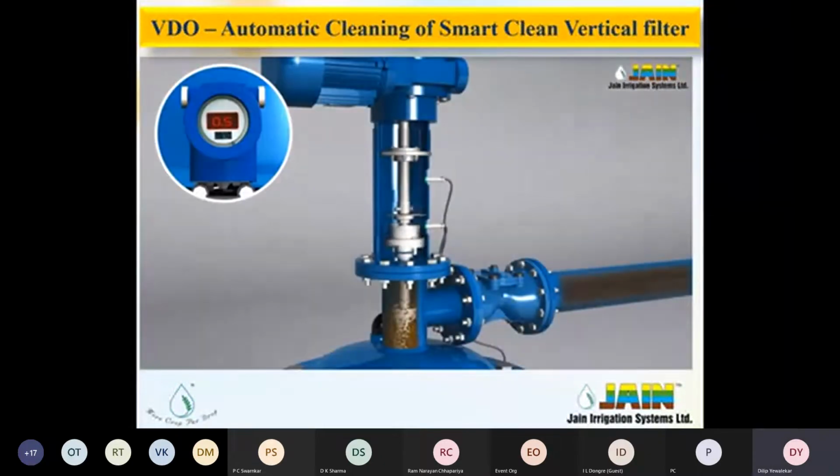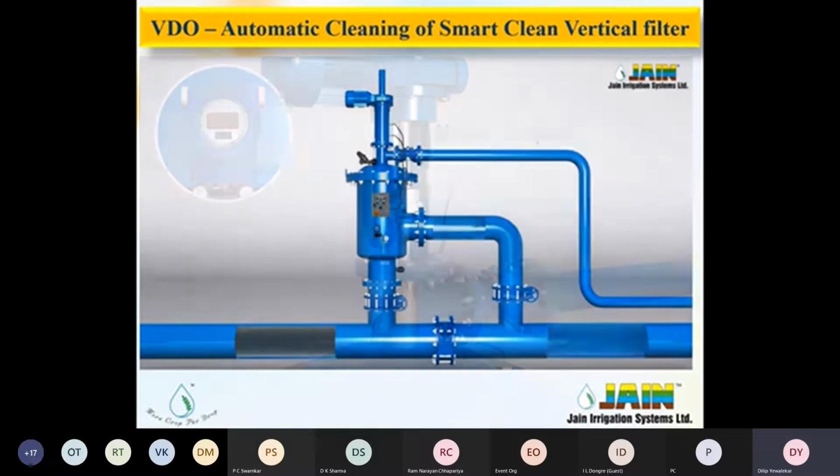Now see here, the nozzle is sucking the particles, the dirt, and there is another pipe through which the particles get flushed out.